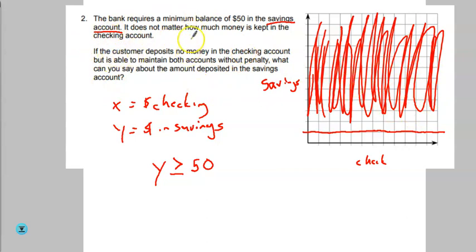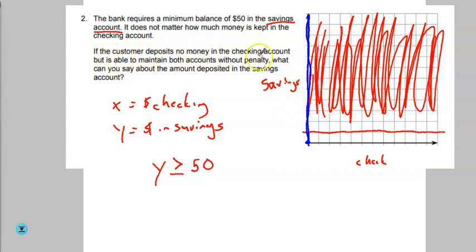If a customer deposits no more money in the checking account, but is able to maintain both accounts without penalty, what can you say about the amount deposited in the savings? If the customer deposits no money in checking, that would be here, right? 0. So the y-axis represents no money in checking, right?